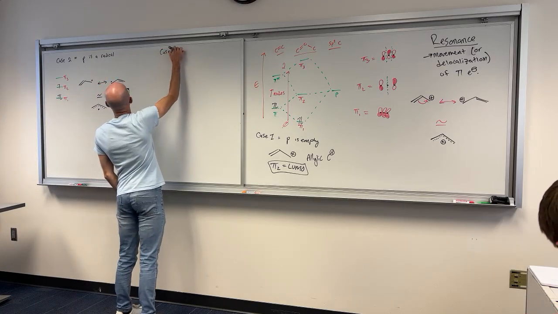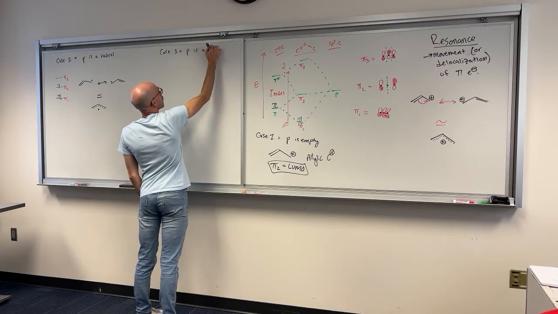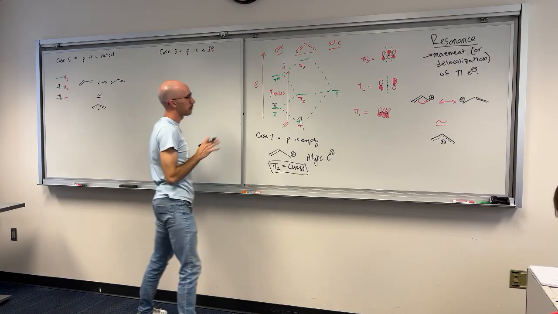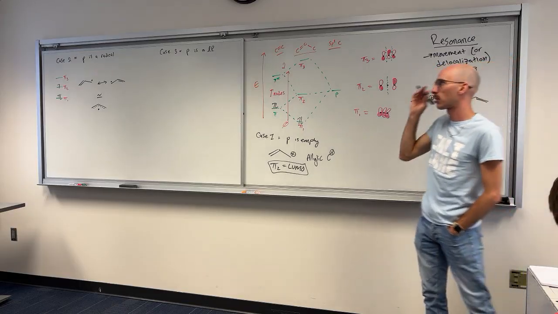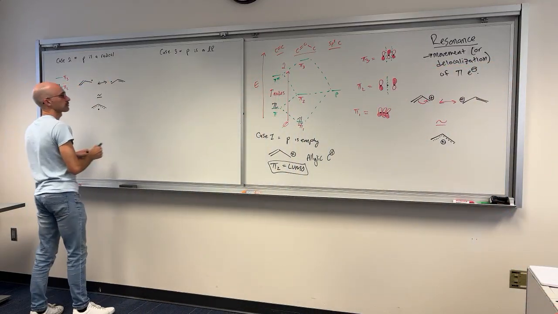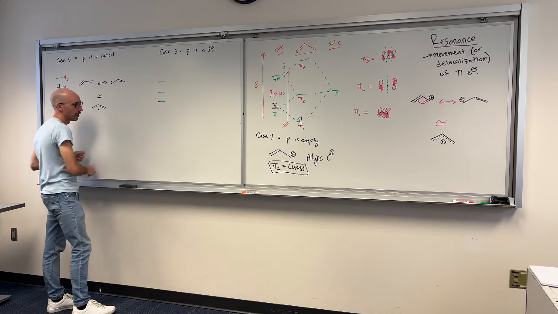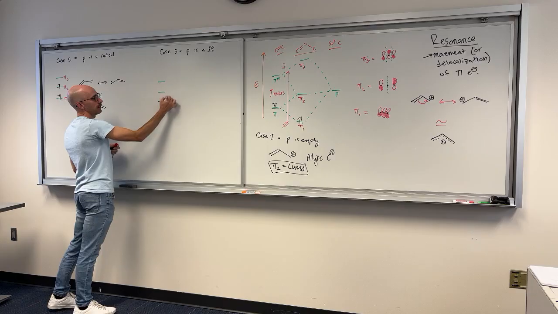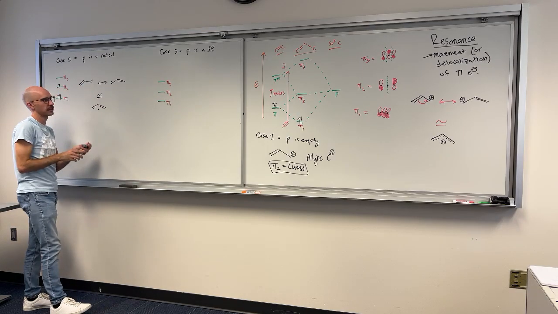And then we have case 3, which is where the p orbital has a pair of electrons, a lone pair of electrons to bring. Which means now pi 1 and pi 2 become filled with electrons.